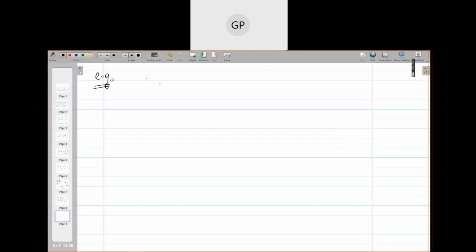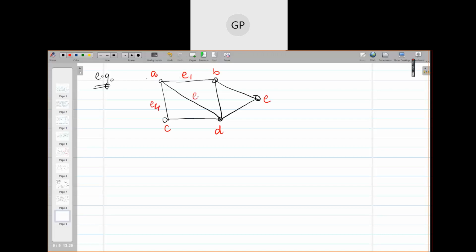So for example, I have a graph, say this is G. Then the spanning subgraphs, spanning trees which I can have are, for example, T1 I will name.